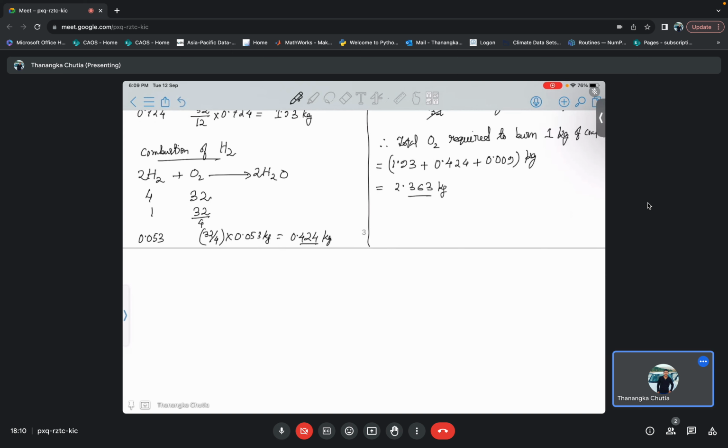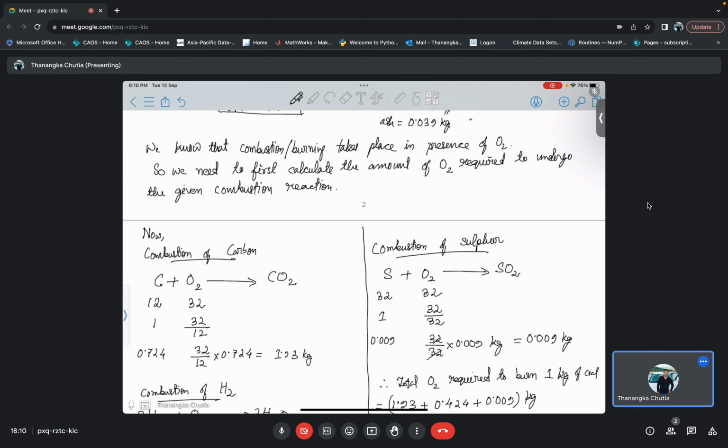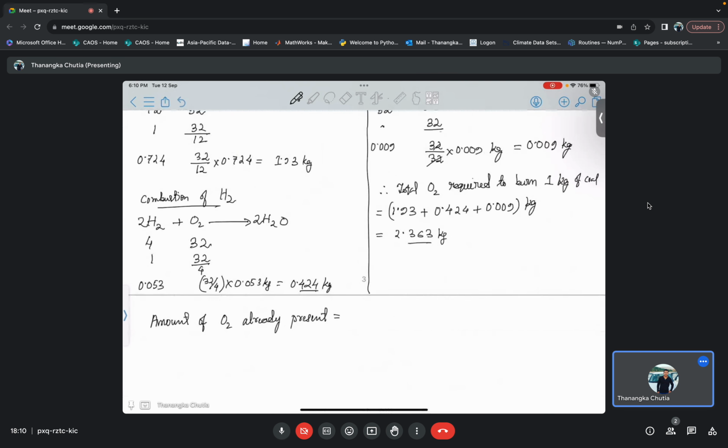Okay, now there is already oxygen present. Now the amount of oxygen already present is equal to 0.085 kg.